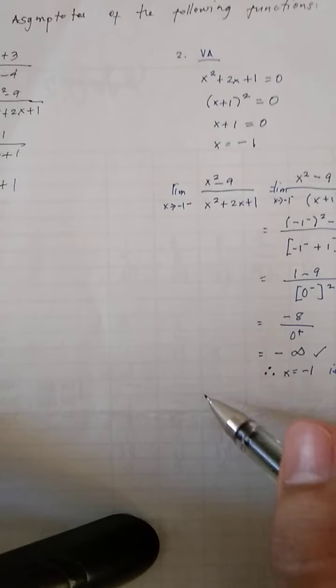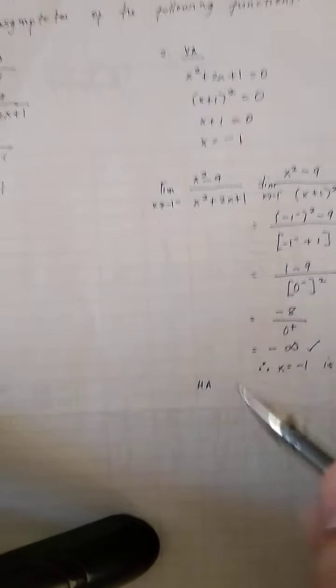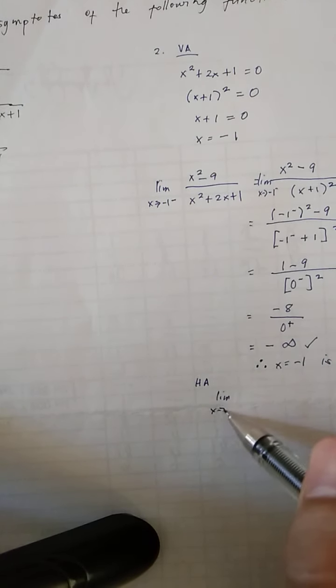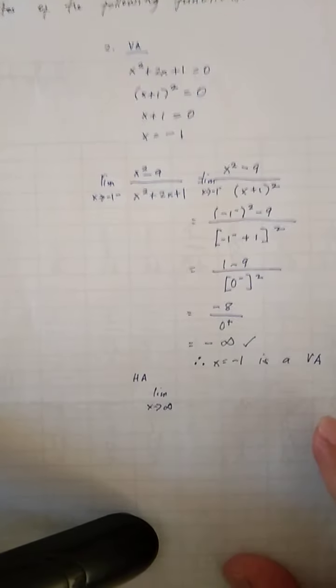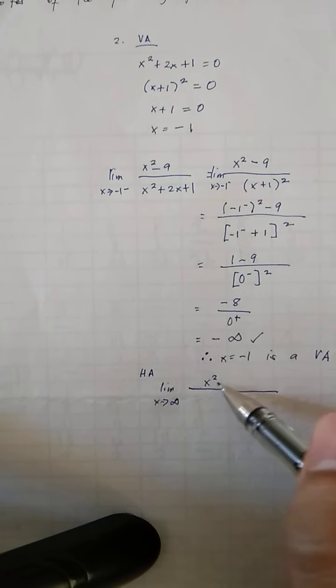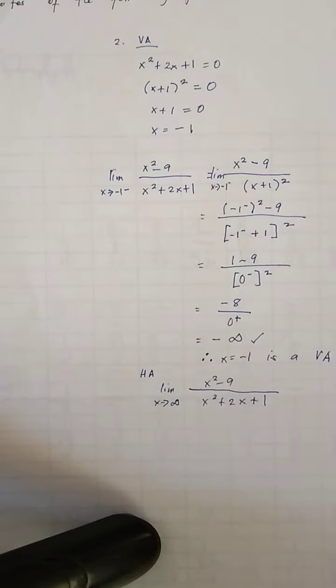Next is the horizontal asymptote. So let's try to approach it at infinity. So limit as x approaches infinity of x squared minus 9 over x squared plus 2x plus 1.